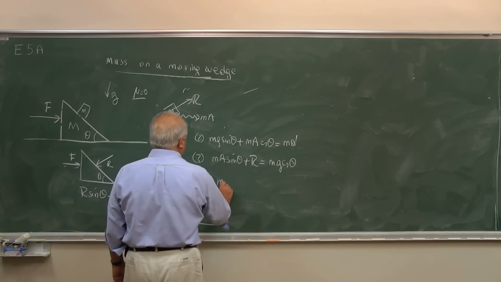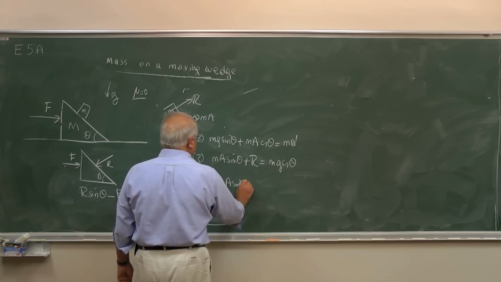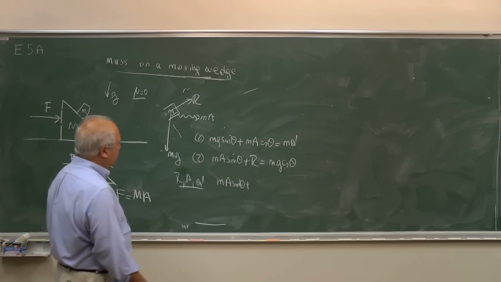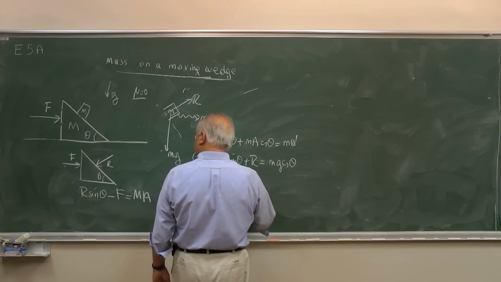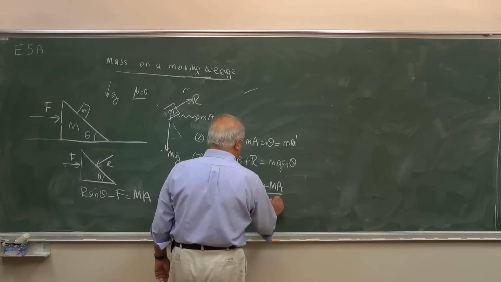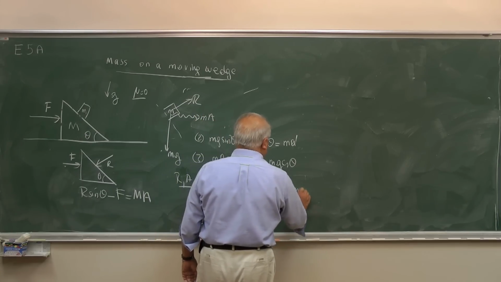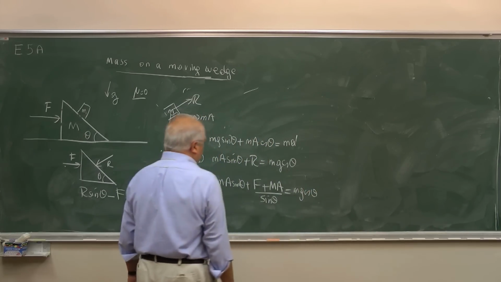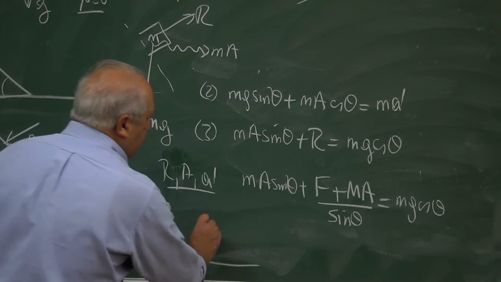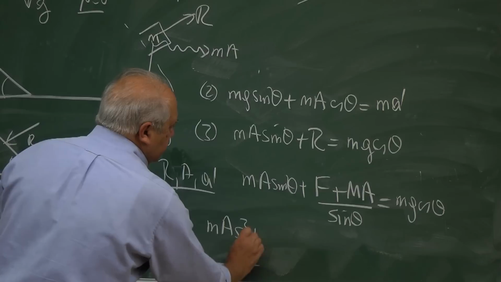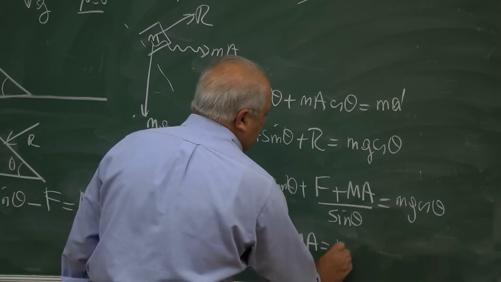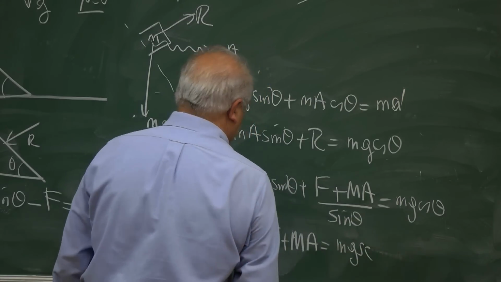m a sine theta plus, instead of R, I put F plus MA over sine theta. That's equal to mg cosine theta. So one equation, one unknown, we can solve it. Okay. ma sine square plus F plus big MA is mg sc.